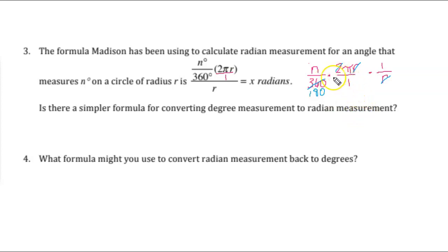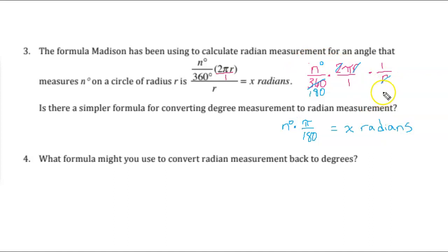And so we can actually take whatever the angle measure, n was our degrees, if you recall, and if we have our n degrees and we multiply it times pi over 180, that's going to equal x amount of radians.